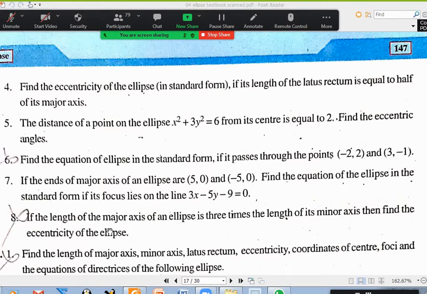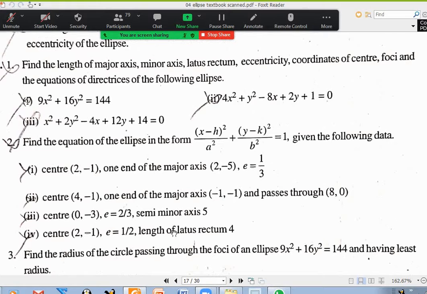Up to 8. Any other doubt? No, sir. Okay, section 2. First question, there are 3 parts. Anybody any doubt? Second question, there are 4 parts. Anybody any doubt?